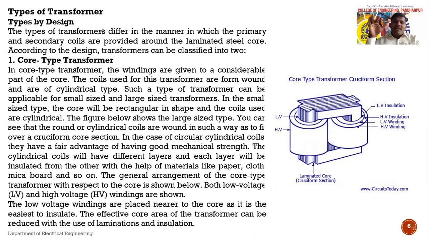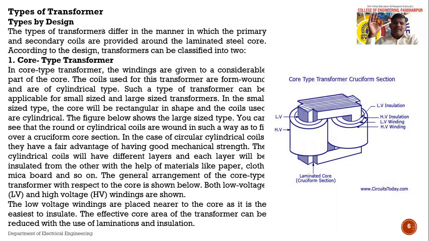And according to voltage level there are two types of transformer, one is step up transformer and one is step down transformer. Okay, so all of you understood the types of transformer. According to construction there are two, core type and shell type. According to phasing, single phase and three phase. According to application, power transformer and distribution transformer.